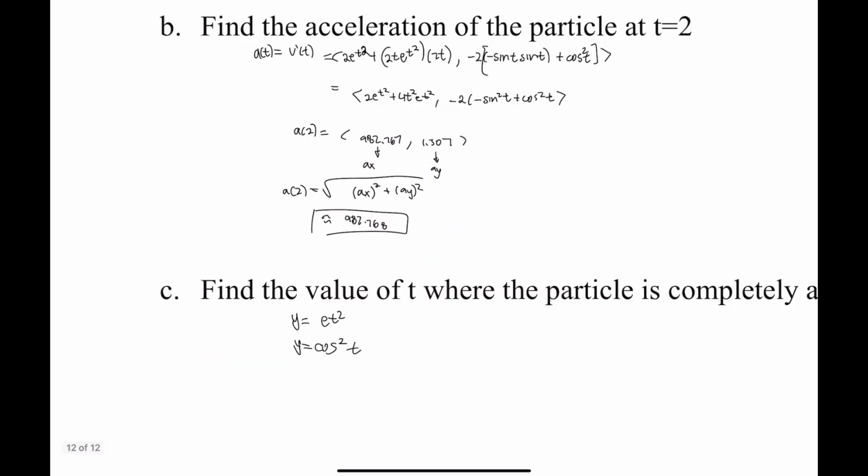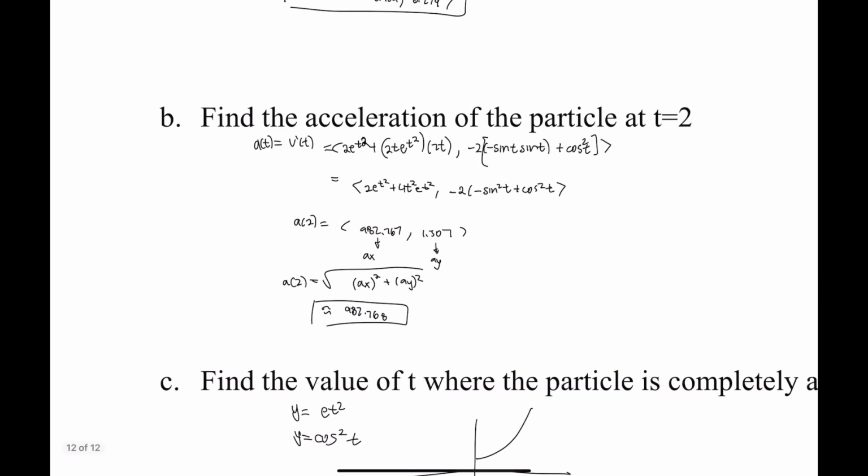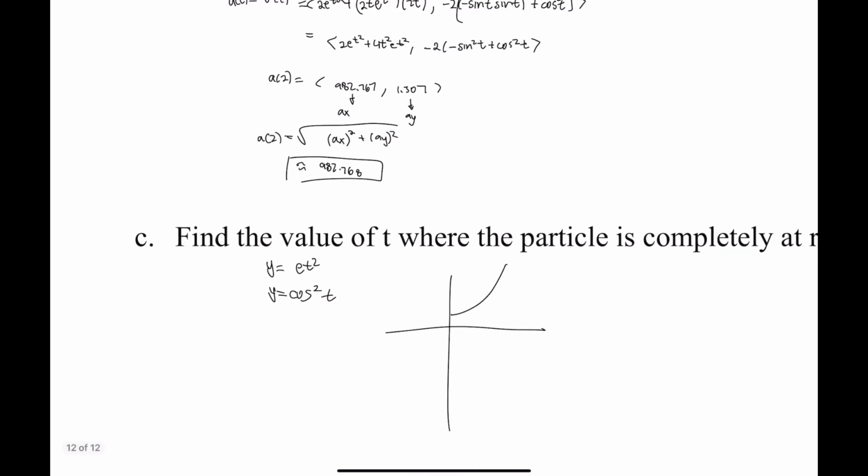But then we see that the general graph from 0 to 4 shows that e to the t squared is just shooting upwards, and then cosine t squared is going like that. So we don't really see the e to the t squared actually reaching 0. So it's an exponential function, so it's going to be growing infinitely.